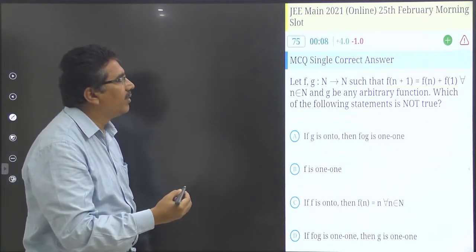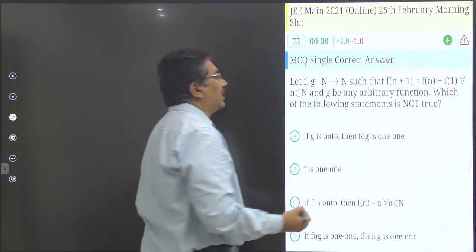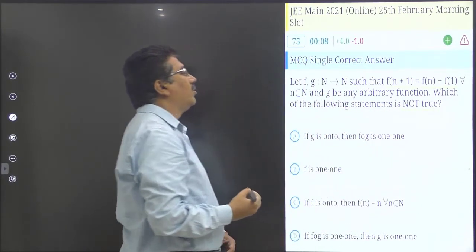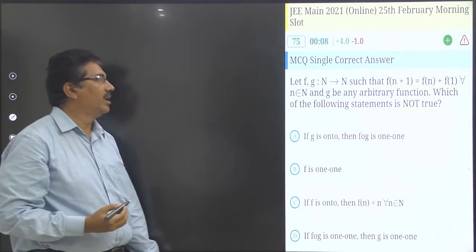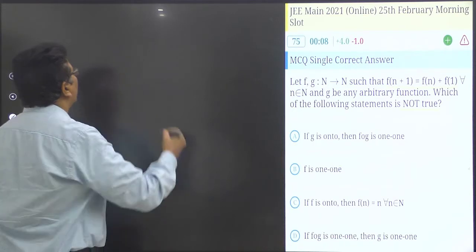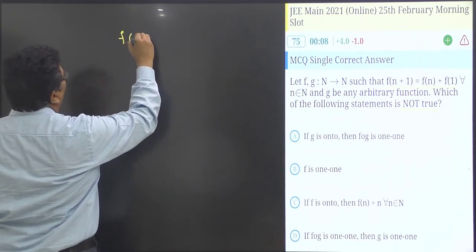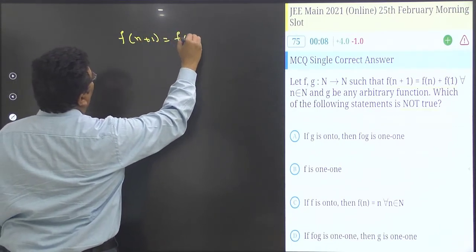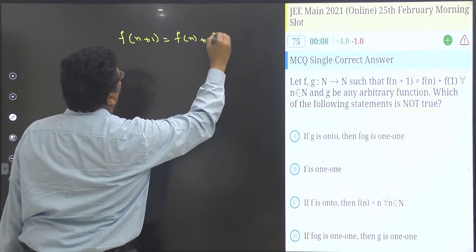Which of the following statements is not true? See the question carefully. Which of the following statements is not true? So here f is defined like this: f of n plus 1 is equal to f of n plus f of 1.